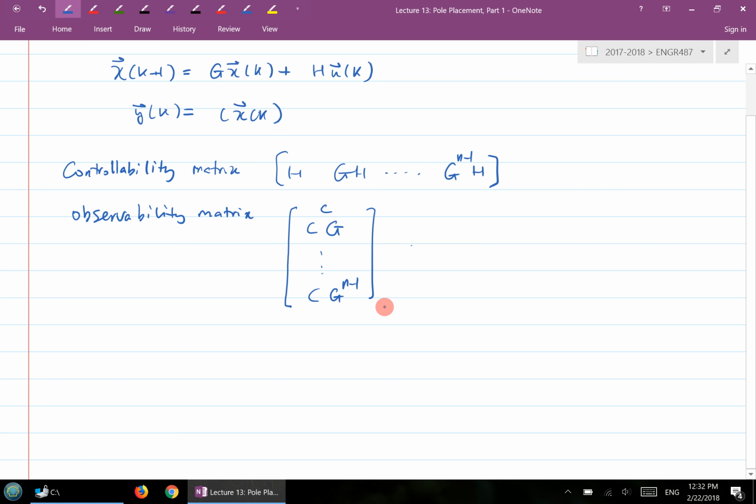Basically we call this the CO matrix and the OB matrix, right? The condition is that the rank of CO is n, and the rank of OB is n. That's the condition for either controllability or observability.